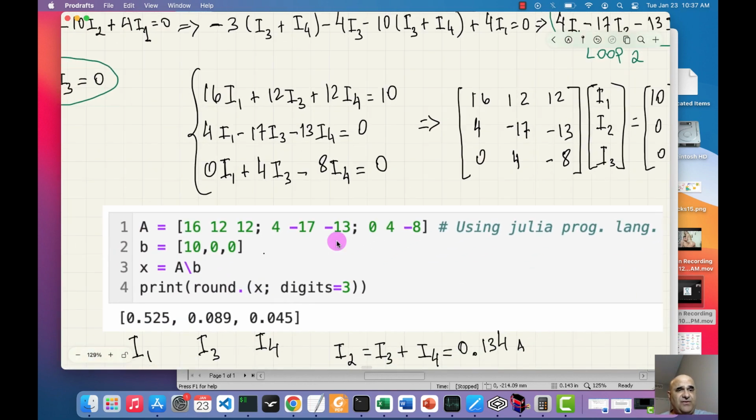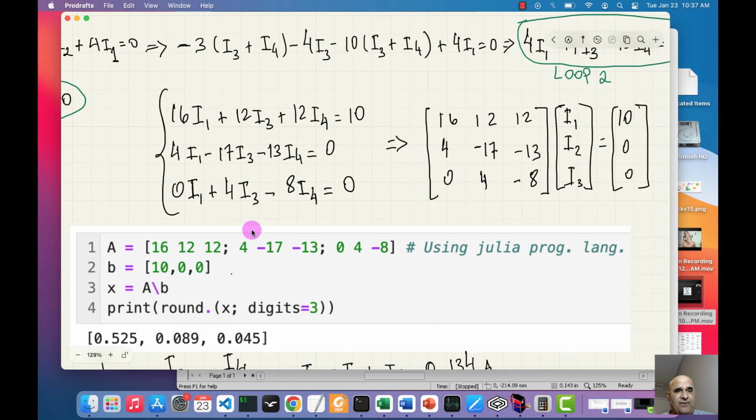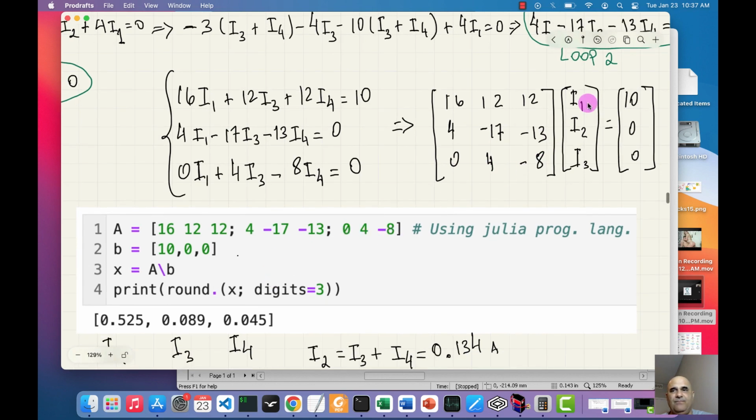Well, in this case, I just use Julia again, writing down the coefficients, which is 16, 12, and 12, negative 17, negative 13, here, and 0 for negative 8, here. 10, 0, 0 is the vector of constants. Using the same operator, which is this one, this is not a regular division. Internally, Julia is finding the inverse of the matrix and finding all the coefficients.